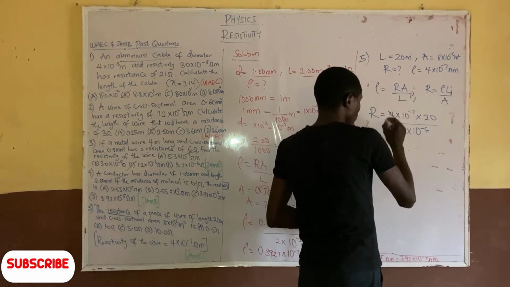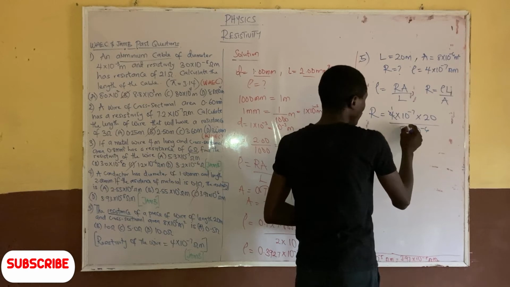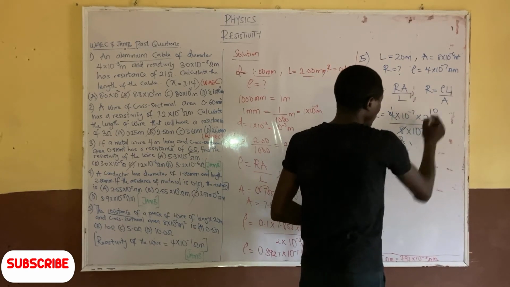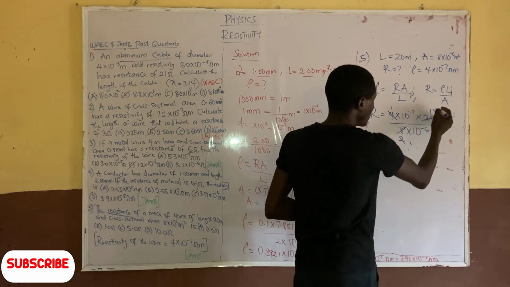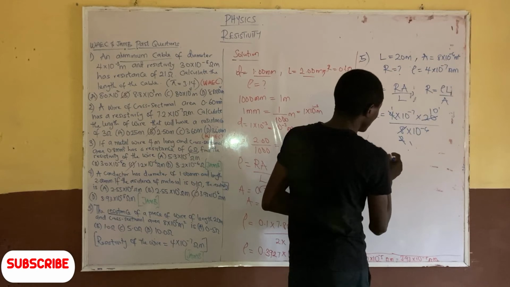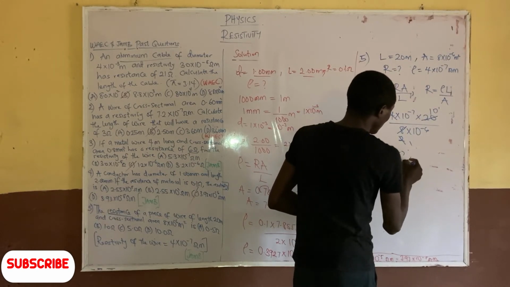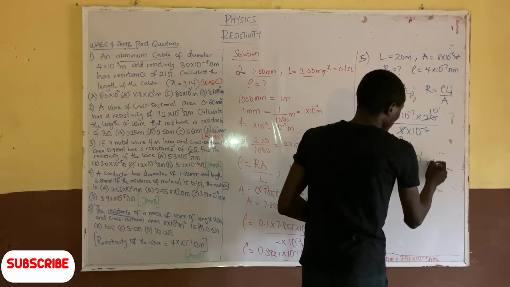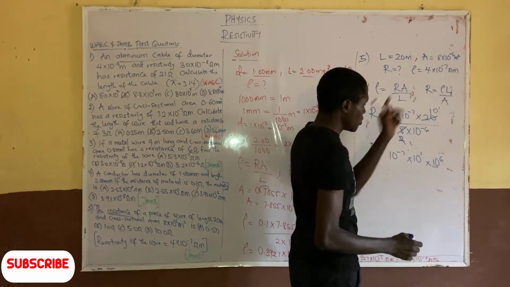Now, how do we go about this? 4 here, 1; 4 here, 2; 2 here, 1; 2 here, 10. So we have 10 raised to the power 1, don't forget. R here is going to be 10 raised to the power minus 7 multiplied by 10 raised to the power 1, multiplied by 10 raised to the power positive 6, because it becomes positive when it comes up.